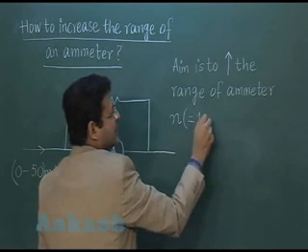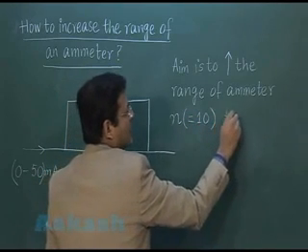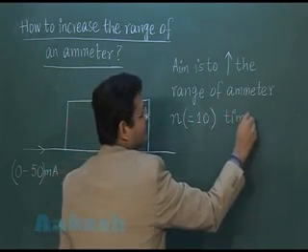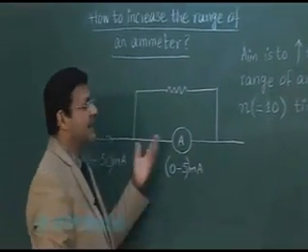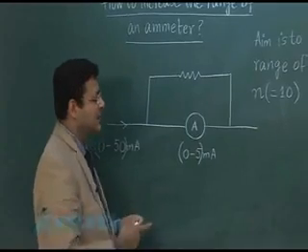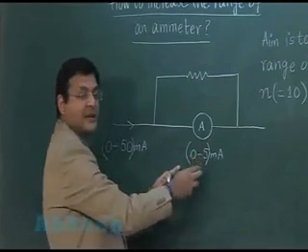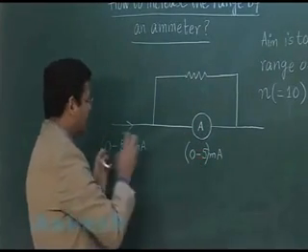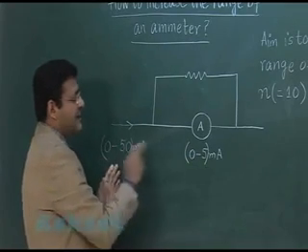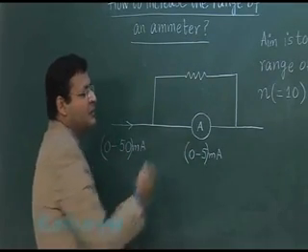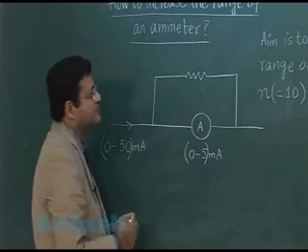For example, in this case, we are interested in increasing the range of this ammeter 10 times. Why 10 times? Because the ammeter can at the most measure 5, but you are interested in measuring up to 50 milliampere. That's why 50 by 5, that is n times you have to measure.